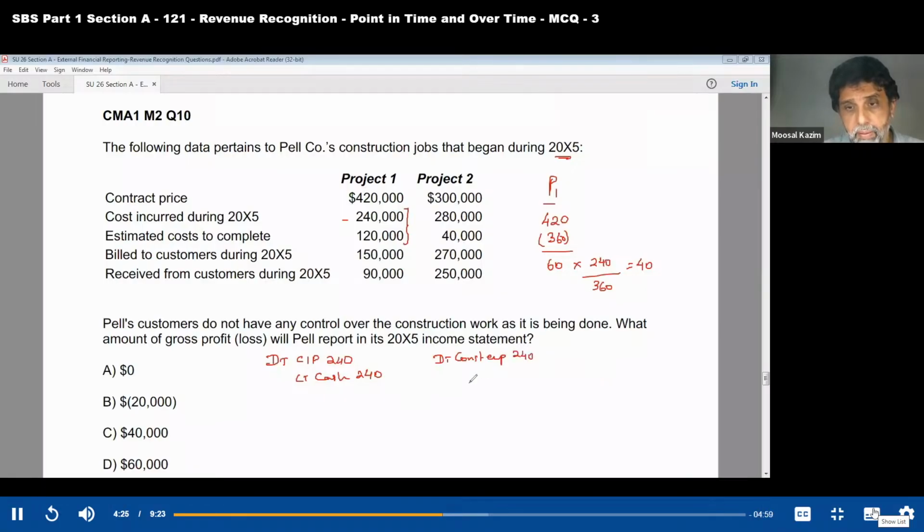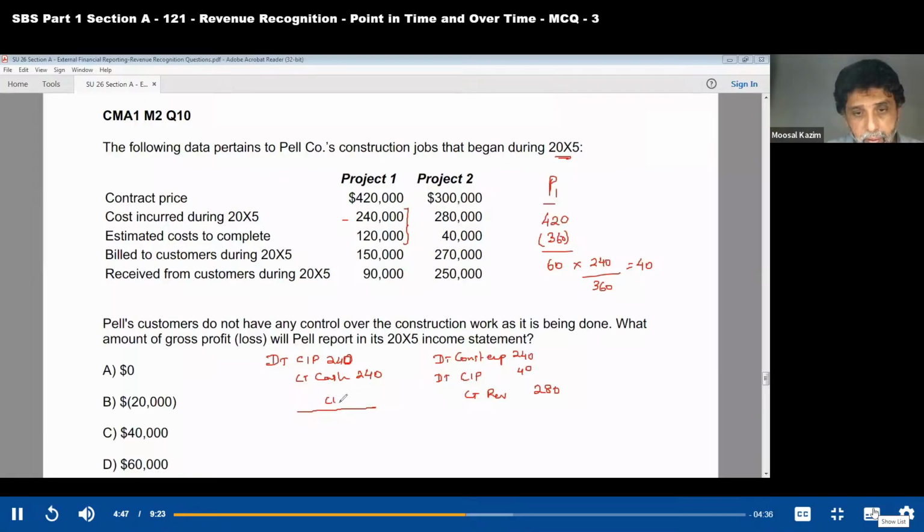This is the first year. And debit the profit element to CIP, so that would be 40, and credit revenue 280. So now the CIP has got two debits.